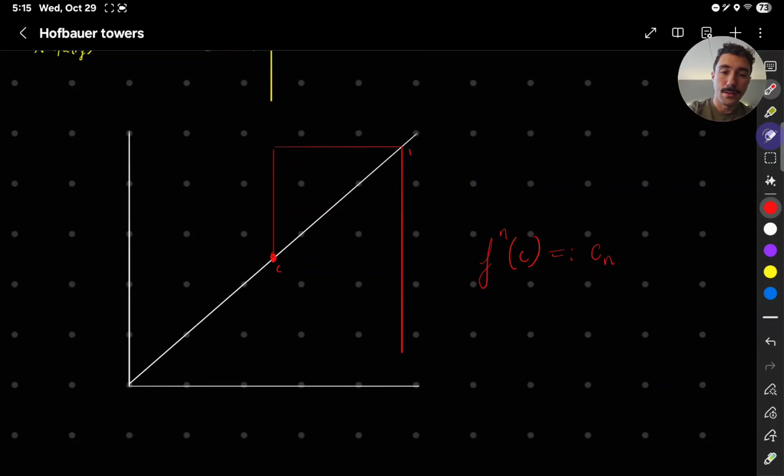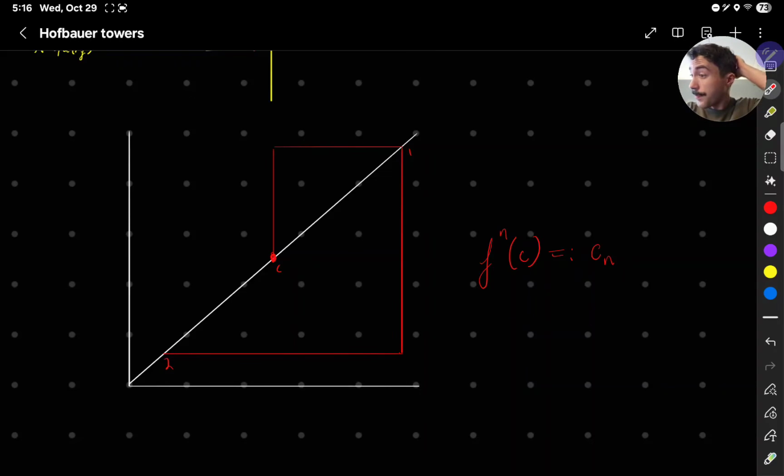The second iterate must be a minimum if we are in a unimodal map and we want it to be chaotic. Let me fidget with it until it looks right. So we'll call this 2, C2.